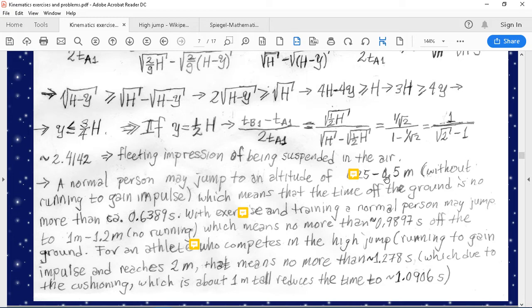That was when the technique used for the high jump event in the early 20th century was corresponding to that of a standing jump. That height increased beyond the 0.5 meter value when the techniques evolved and running to gain impulse was used as part of the high jump techniques.